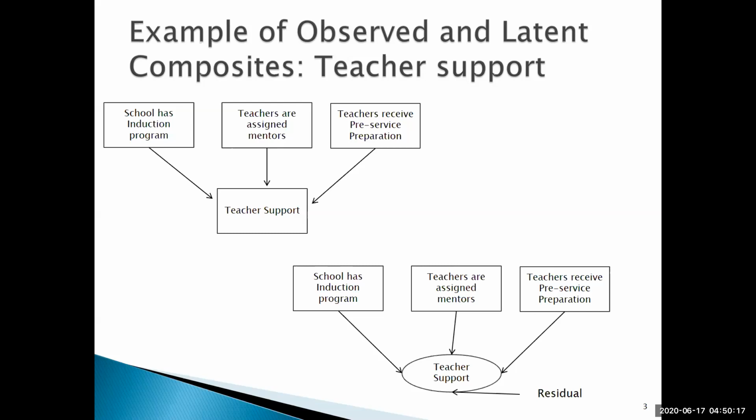It could be an average of these three, or you could use structural equation modeling to create a latent composite where you try to get a residual. This is complicated to do in SEM, and it's not very common. It's a bit controversial to do. The most common is to just average or sum the indicators for the composite, the variables for the composite.